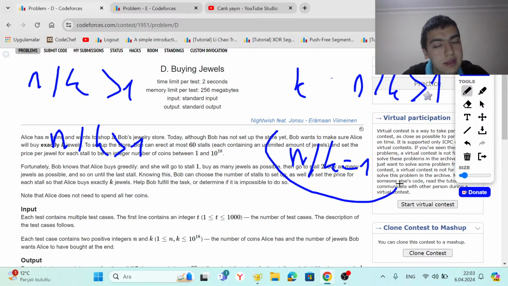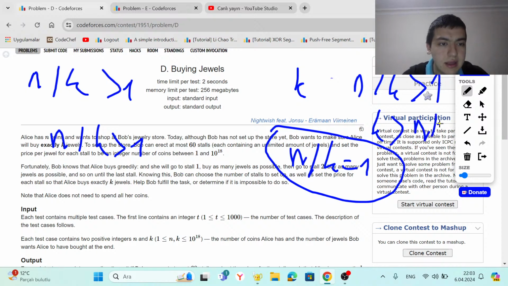So we know that k is big enough: k is greater than n divided by 2. We should decrease n a bit, but if we decrease a lot, we cannot take exactly k amount.